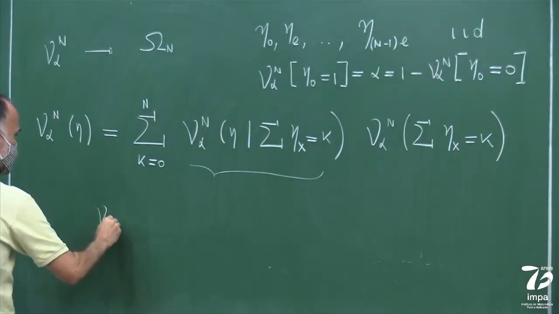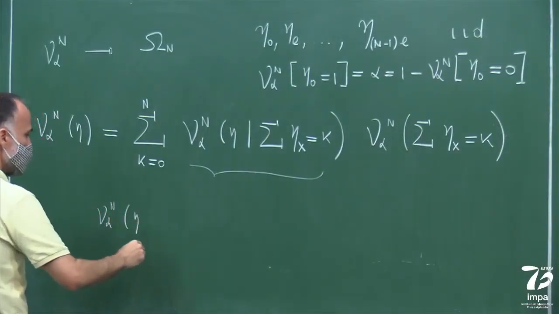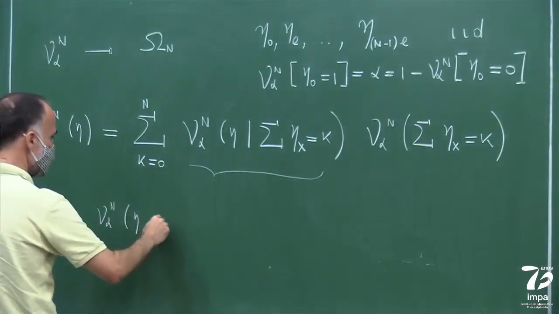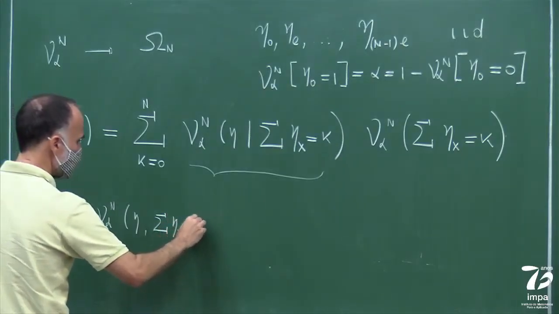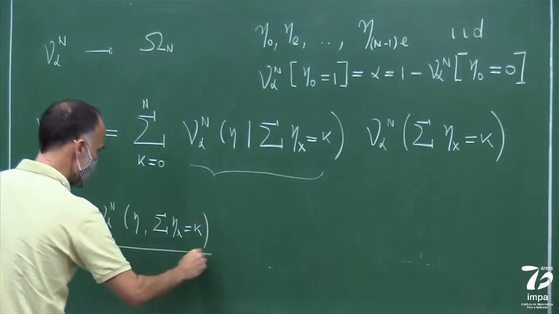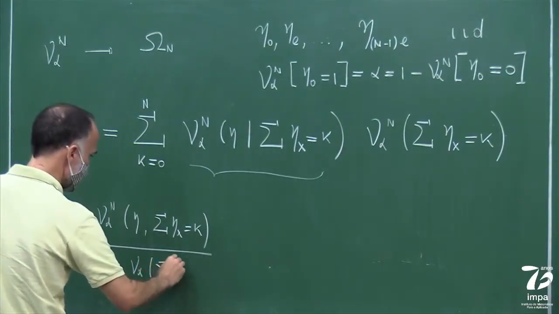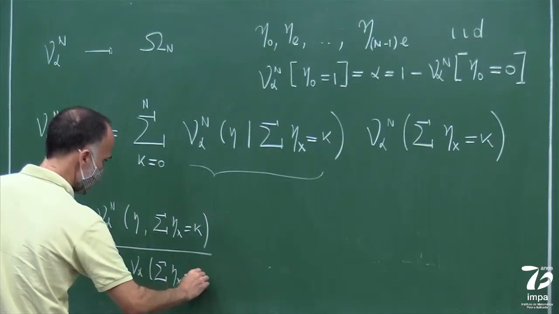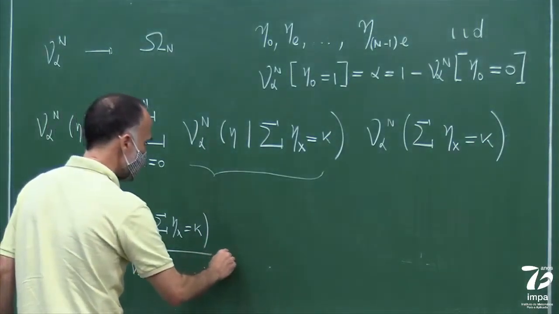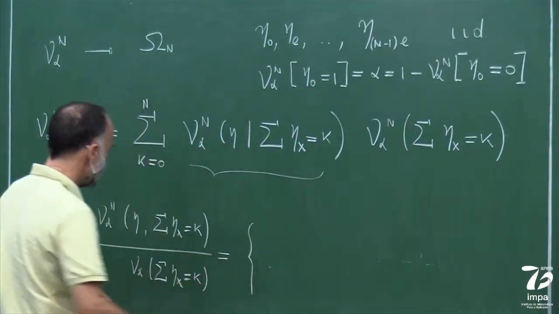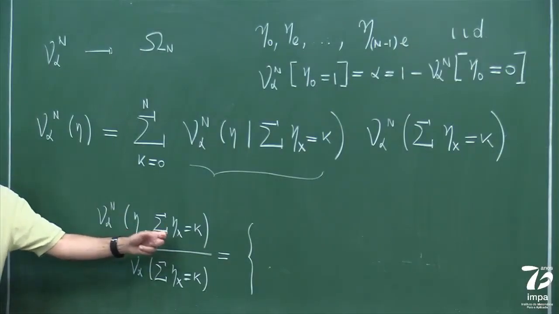This is the probability of the intersection. So that will be, well, if the total number of particles for that configuration eta is not k, this is 0.